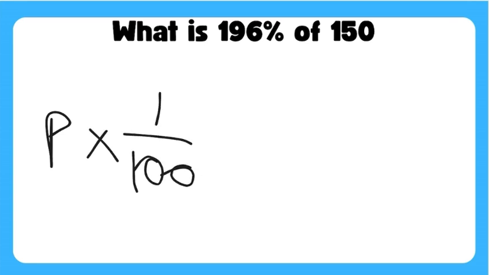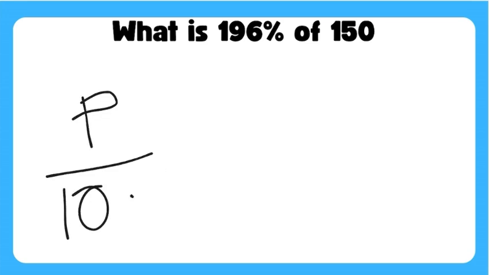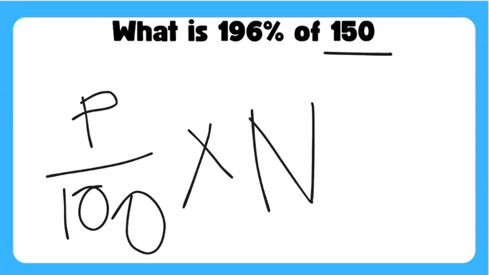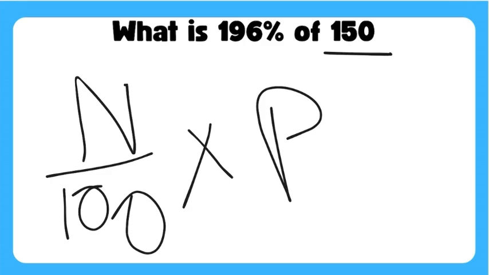So just P over 100. And this is multiplied by this, which is the N. You can actually swap these 2. Yeah, you can swap them. So this is the exact same as N over 100 times P.